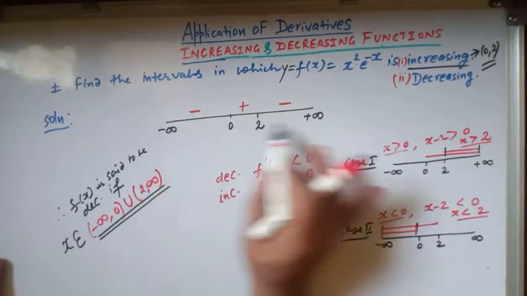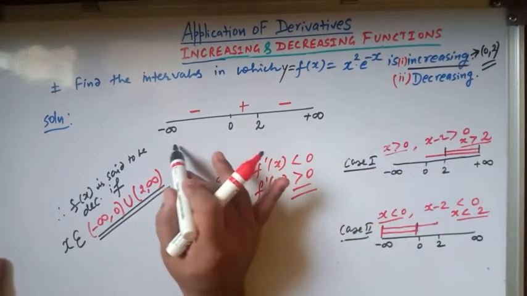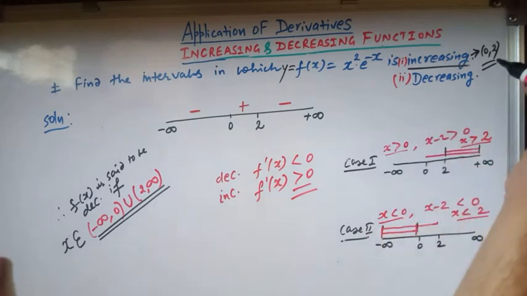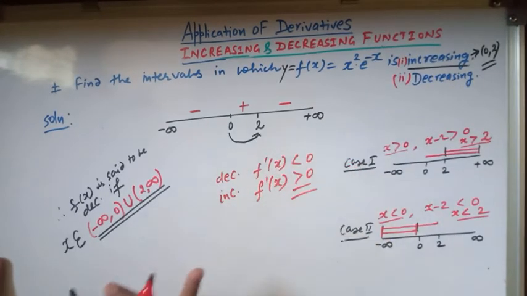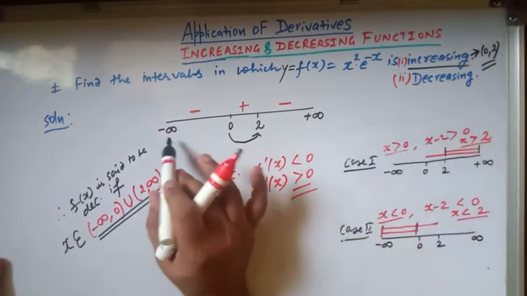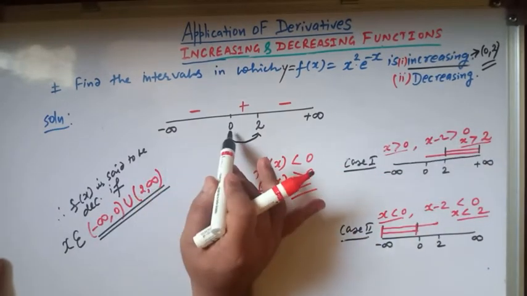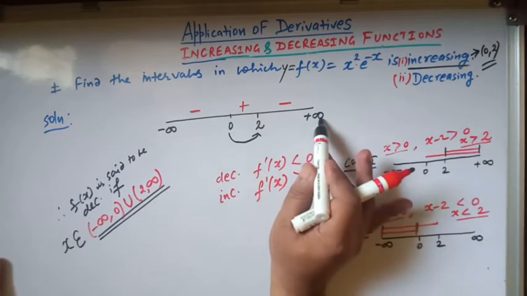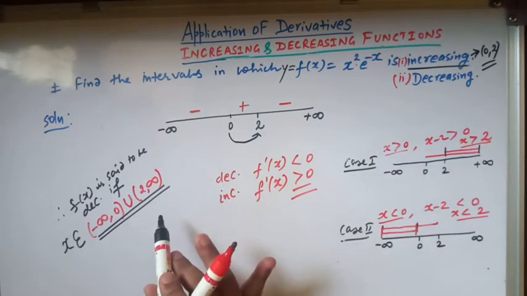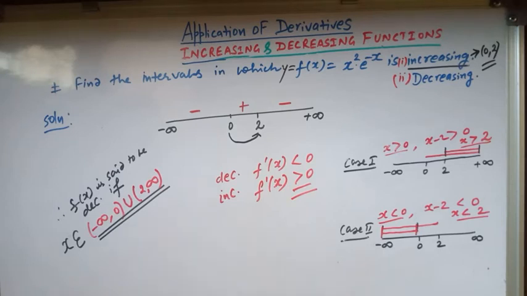So in this number line, this function is increasing from 0 to 2, and it is decreasing from minus infinity to 0 and union 2 to infinity. Clear?